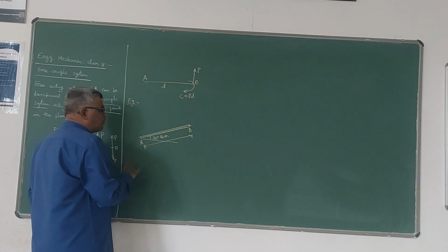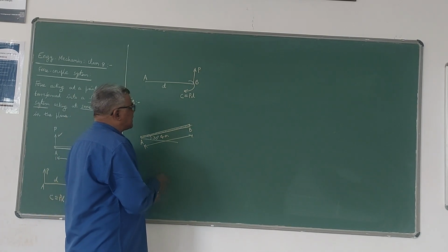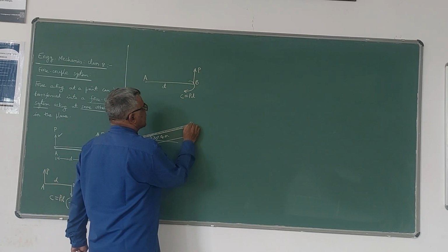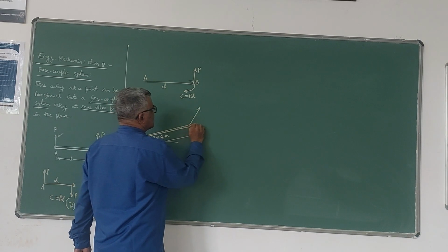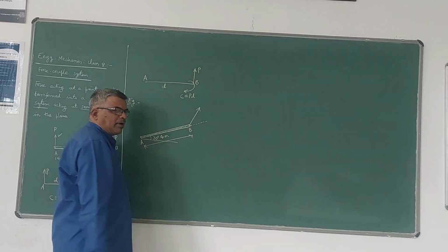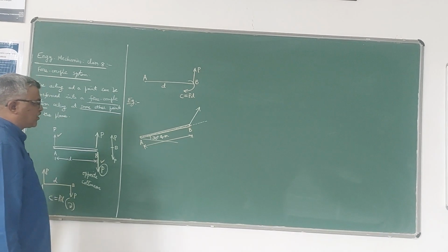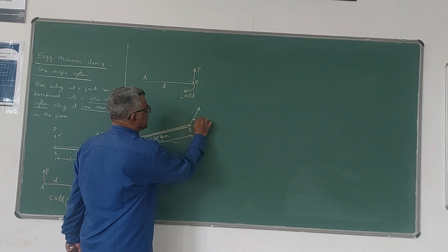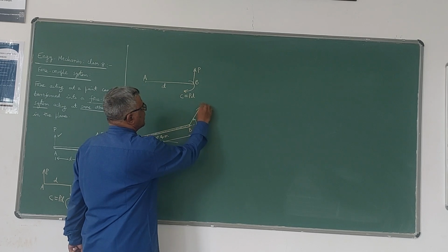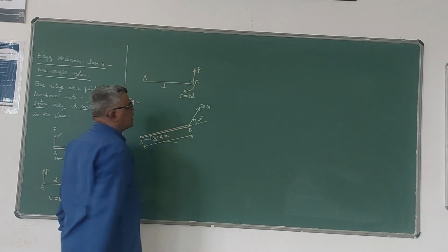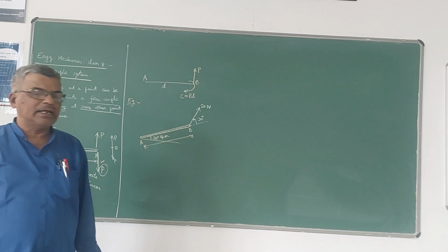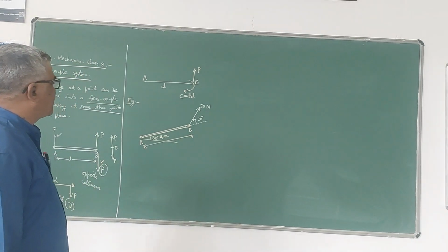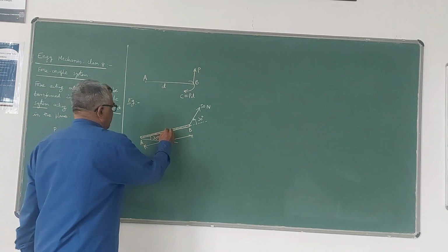Now I will take a force acting here at some angle. In last class I have explained how to calculate the moment of inclined force acting on an inclined rod. So this angle I will take it as 30 degrees, 50 Newton. A force of 50 Newton is acting at B at an angle of 30 degrees to the axis of the rod.